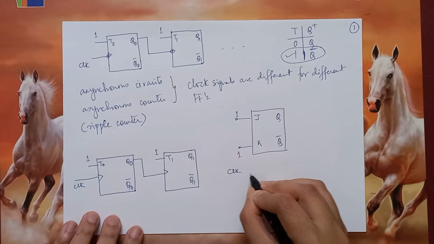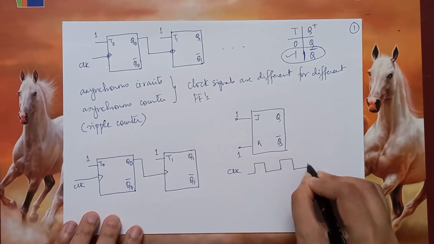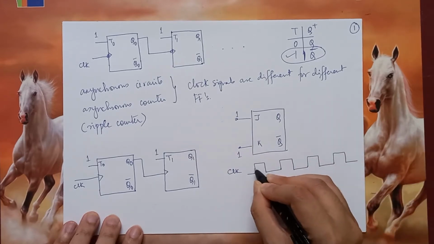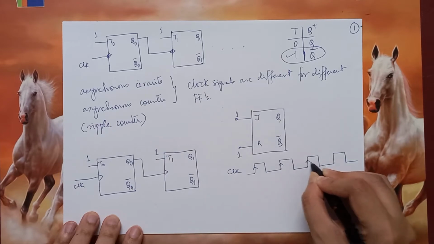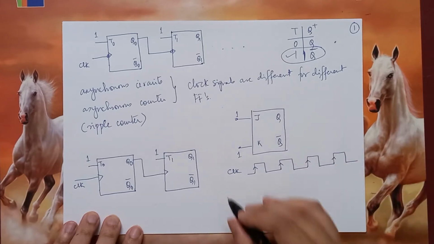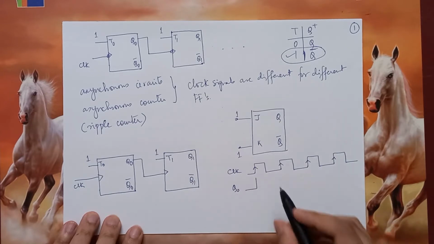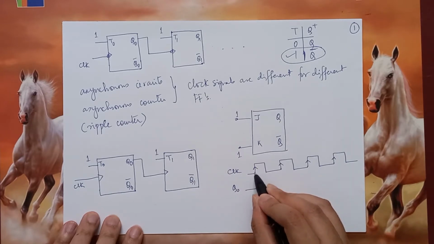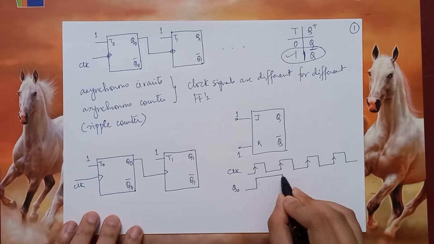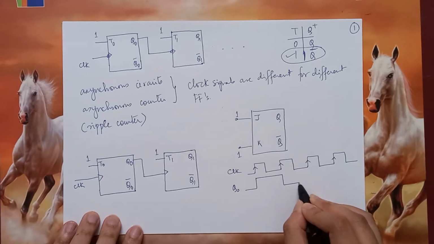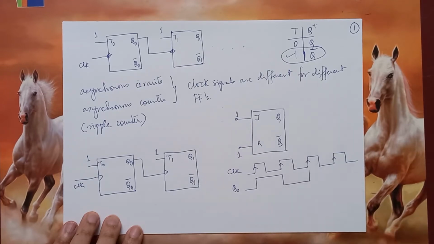If the clock signal is something like this, now we have to look at the positive edges. So again, if you assume that Q0 is initially 0, it will become 1 at the first rising edge. In the next rising edge, it will become 0. Then again, it will become 1.